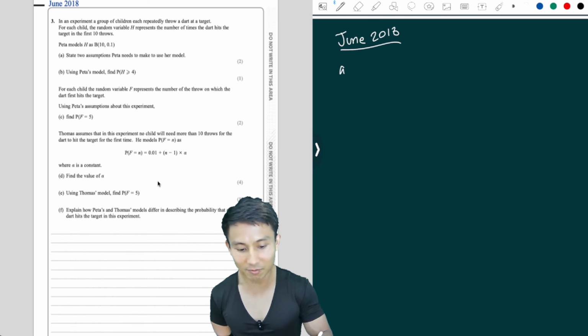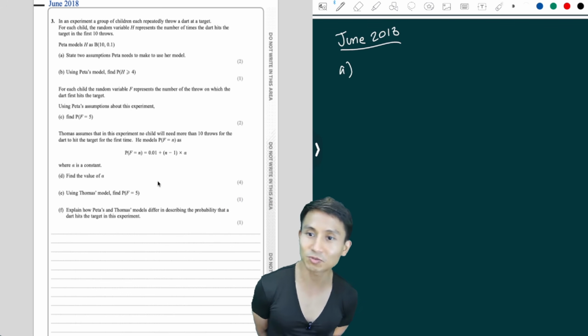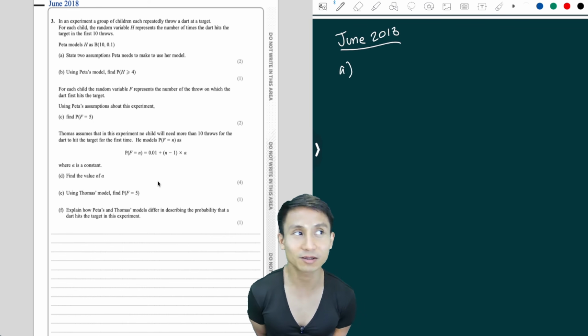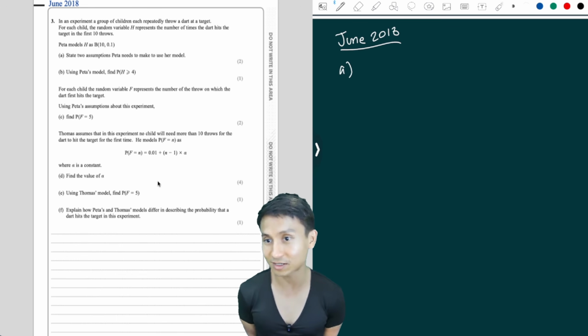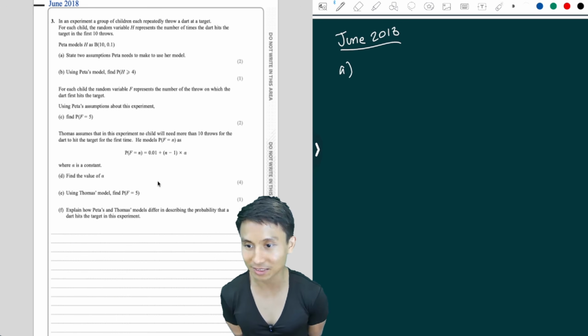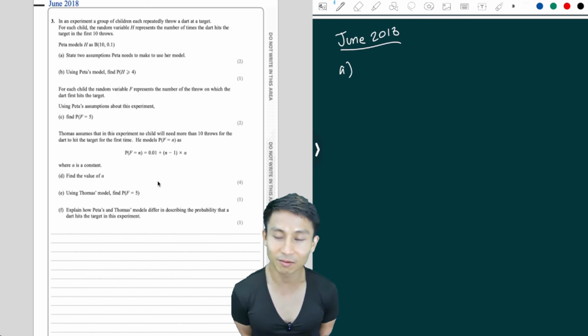Part A, state 2 assumptions Peter needs to make to use her model. This overlaps with the topic of statistical distributions, because this is binomial here. But the later parts, like part C, D, E, and F, are the interesting probability questions.